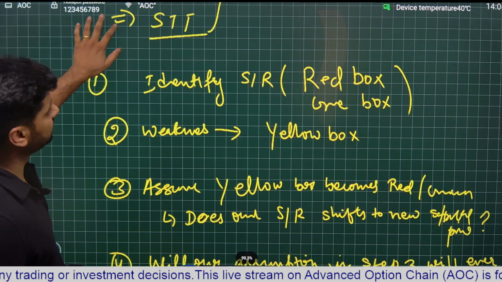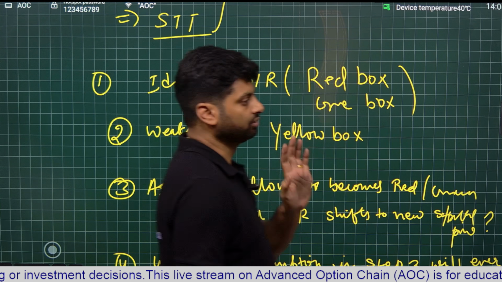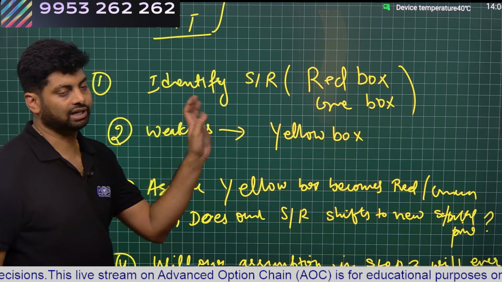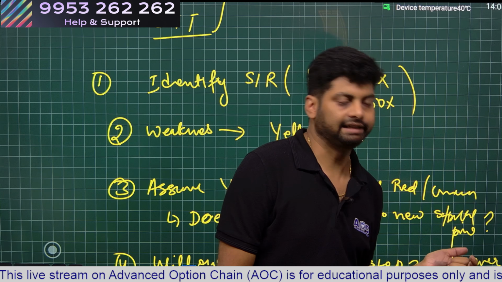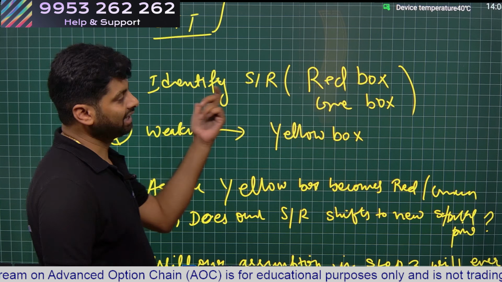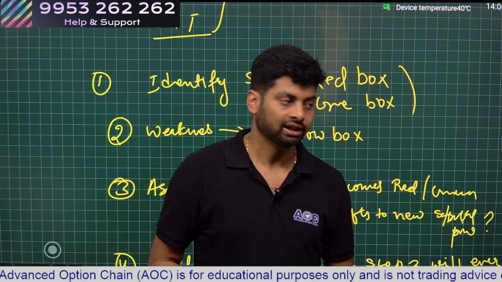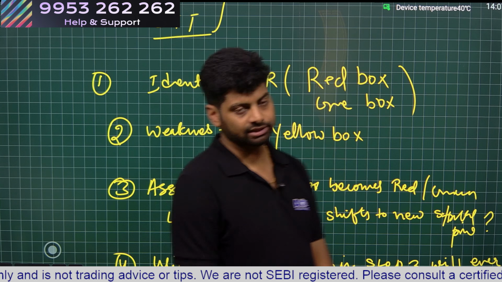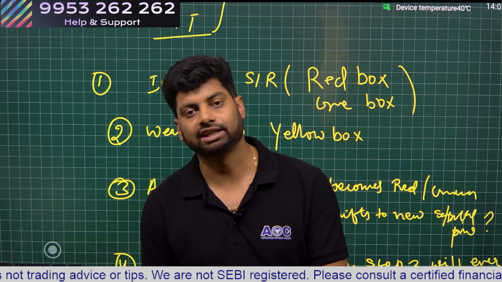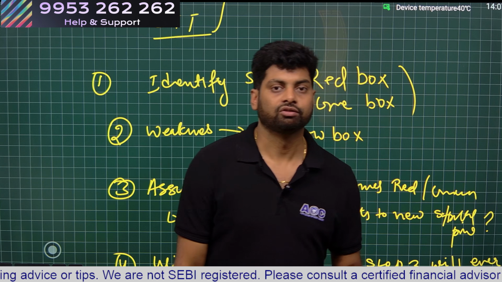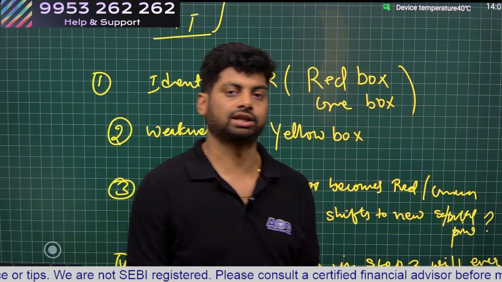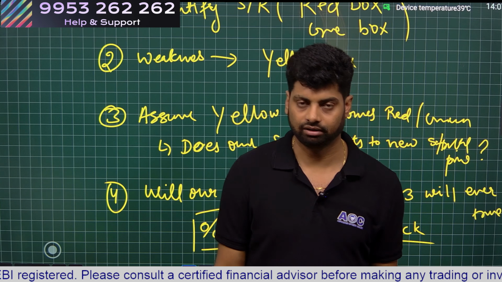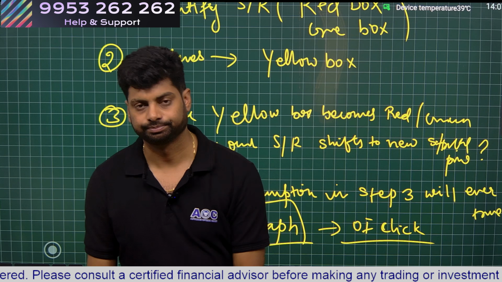Now, to identify the type of support and resistance, we follow 4 rules, or a procedure or algorithm, to find out what kind of support and resistance it is. The first step is to identify the strike price, or the components that are making the support or resistance. The next step is to identify the weaknesses, that is, the yellow boxes corresponding to volume and OI change on both sides. The third step is we assume the yellow box becomes red for resistance and green for support.